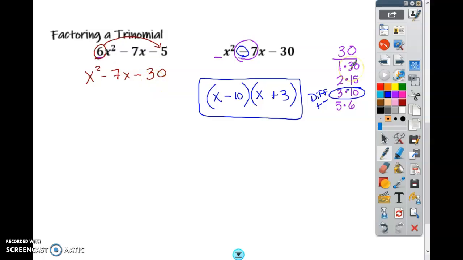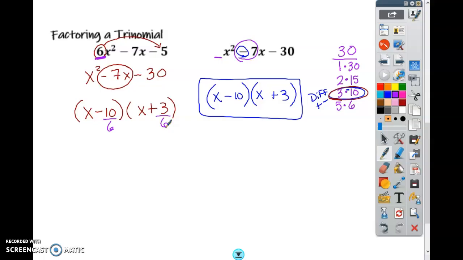They're right here. I can use the same ones. 1 times 30, 2 times 15, 3 times 10, 5 times 6. That give me a sum or difference of 7. Well, I had them already, right? It's the same one. So then my factors are x minus 10, x plus 3. But now I have to take that 6 and divide both of them by 6.